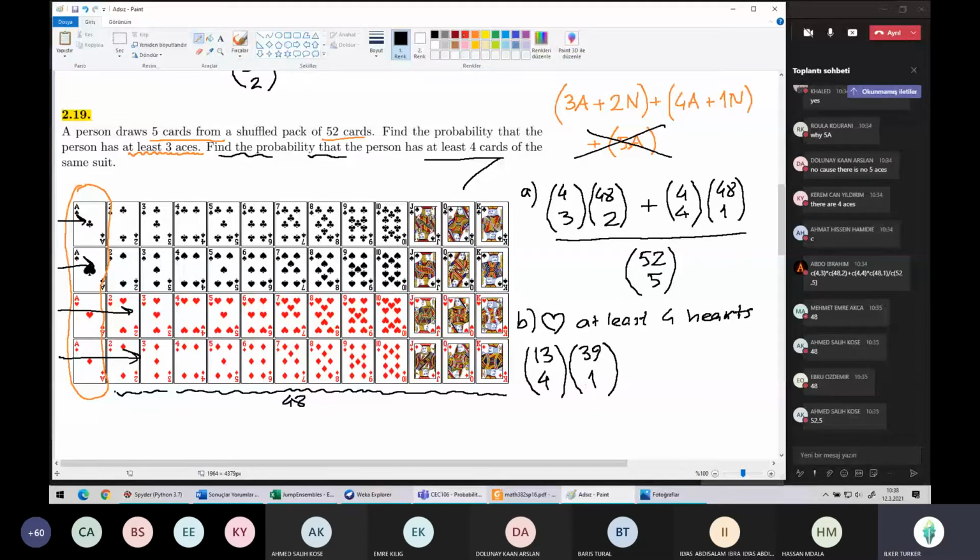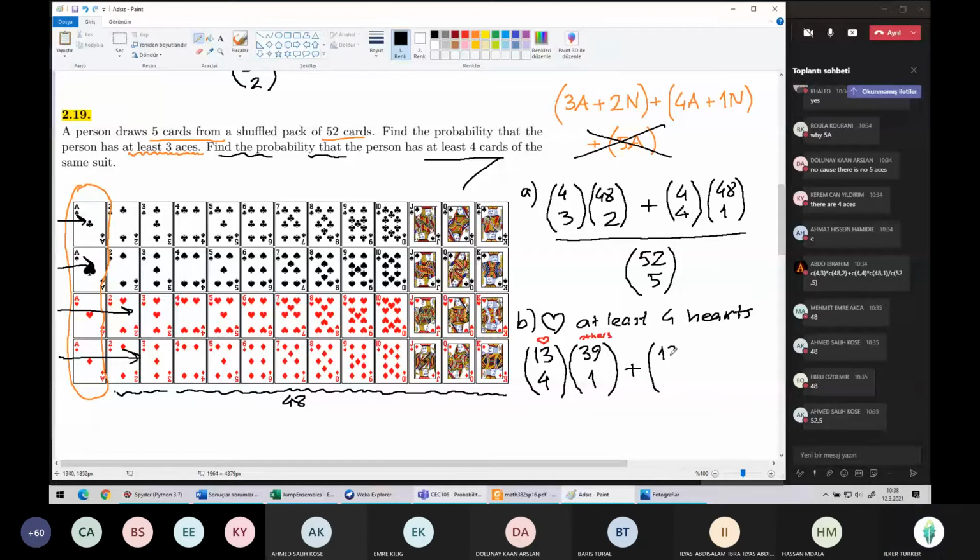These are hearts, 13 are hearts, and 39 are others. Okay? And this is one combination for at least 4 hearts. This is only exactly 4 hearts. Let's also add 5 hearts.